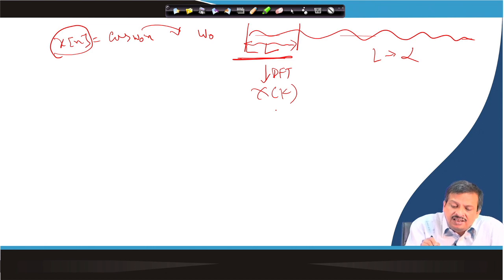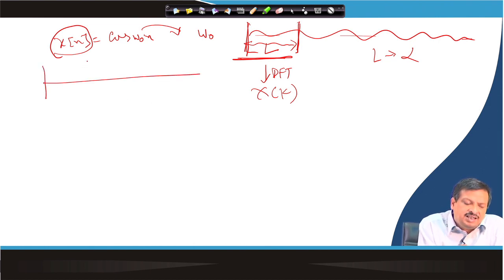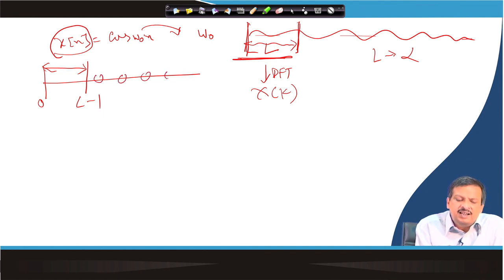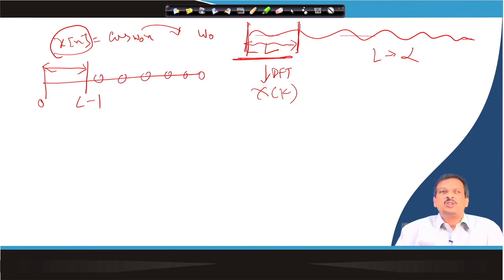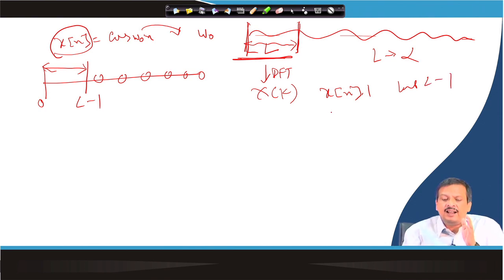Because when I select some portion of the signal, I am saying the signal x of n is non-zero only in the interval 0 to L minus 1. Outside it, the signal is 0. That means basically I am multiplying x of n by 1 up to L minus 1, and after that I am multiplying x of n by 0.